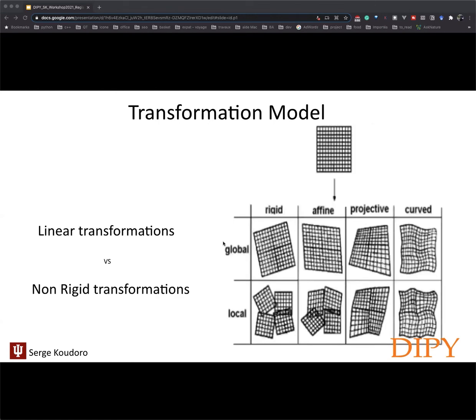Here you can see an example on a grid of the difference between the linear and the non-rigid. For the linear, we apply it globally on our grid. We can apply some type of rigid transformation, affine transformation, or projective transformation. Here is the effect when you apply them globally. On the opposite side, you have the non-rigid transformation, where you do all these classical transformations locally.